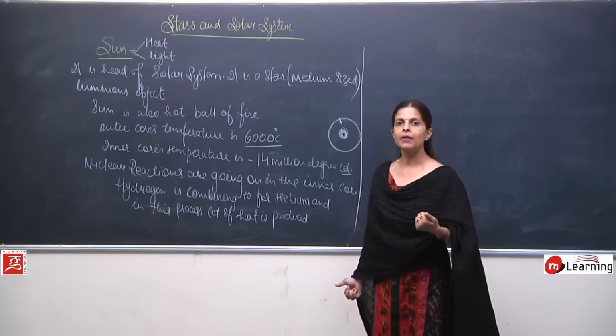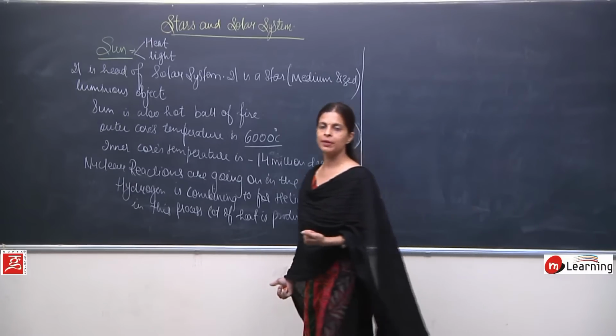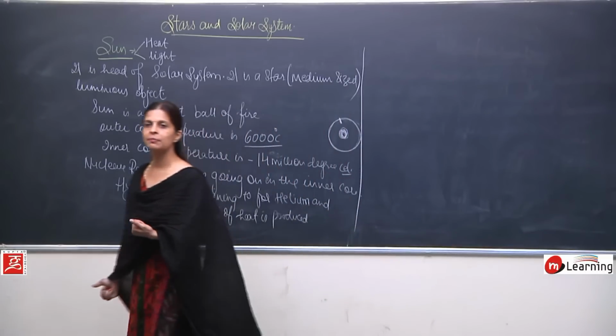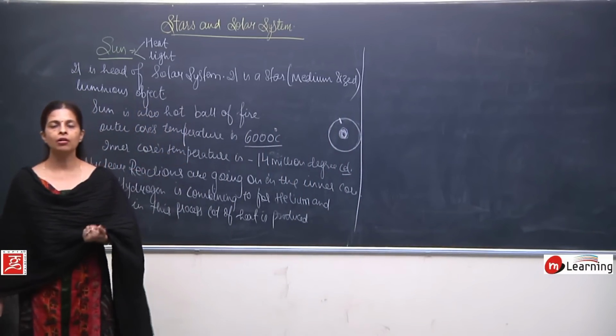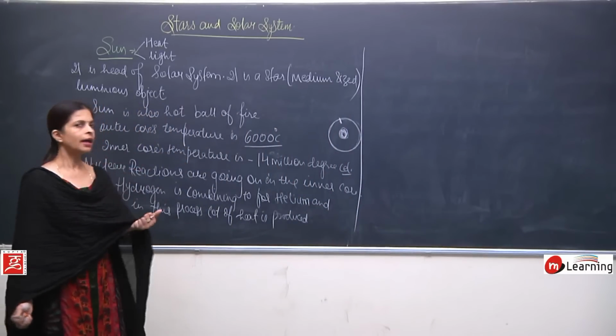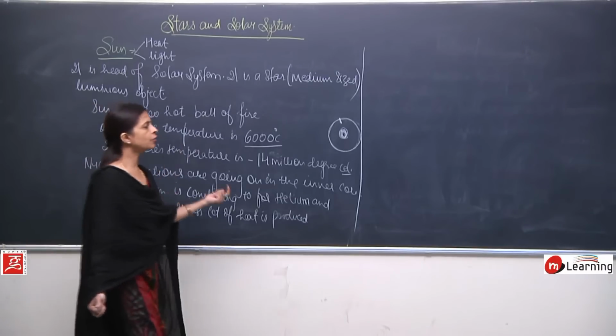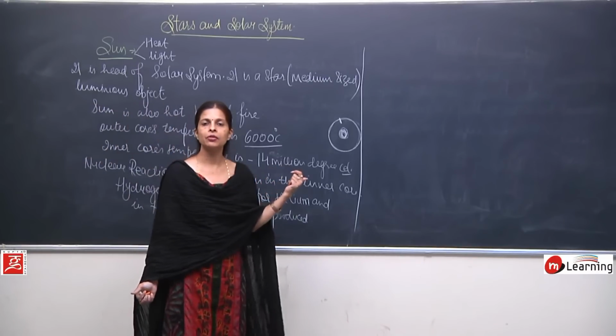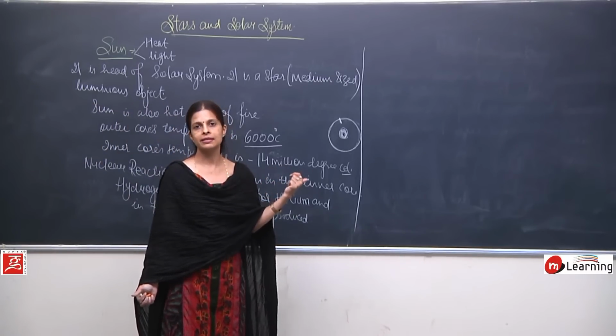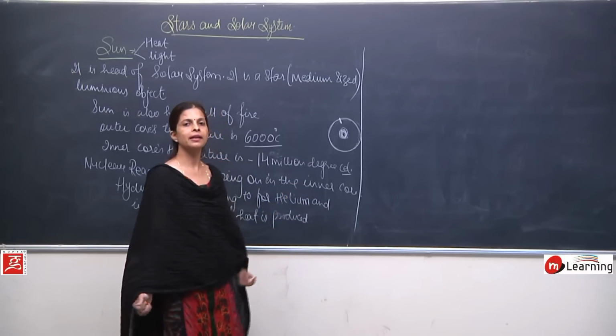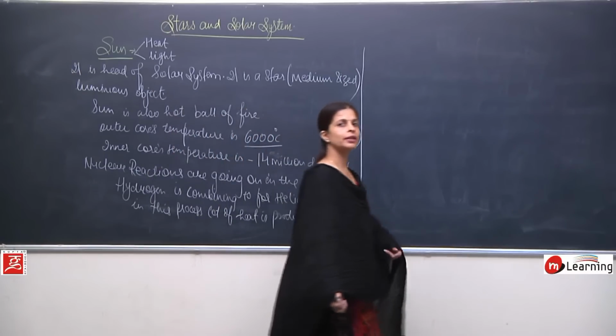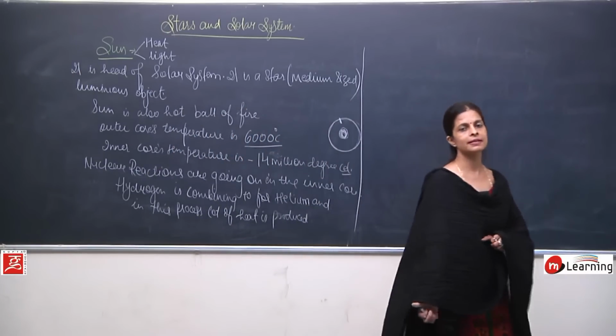Now, apart from this, the temperature is very hot. It's a burning ball of fire, and the temperature at the outer core is 6000 degrees Celsius, and in the inner core, it's 14 million degrees Celsius.